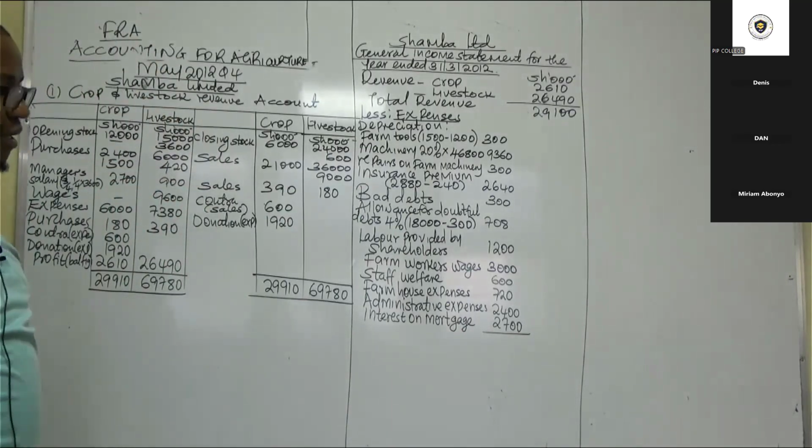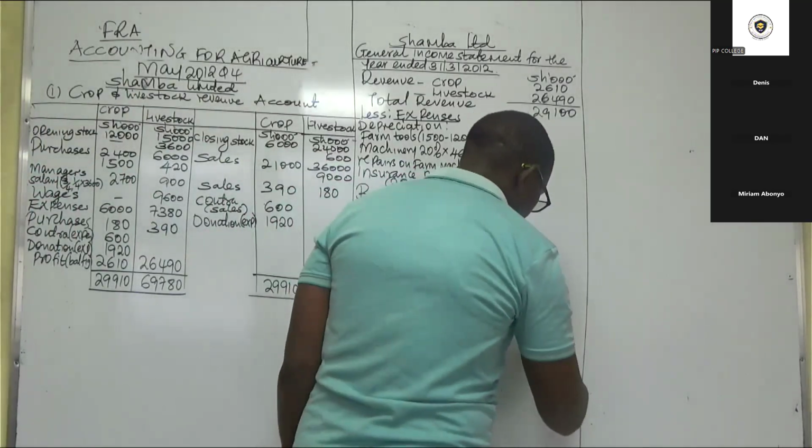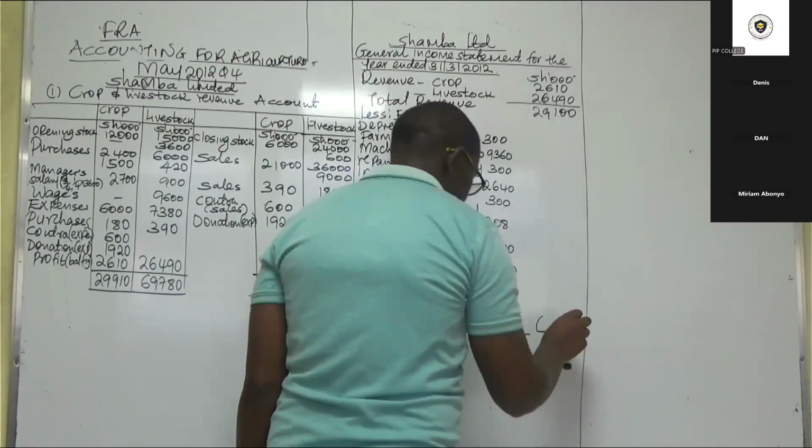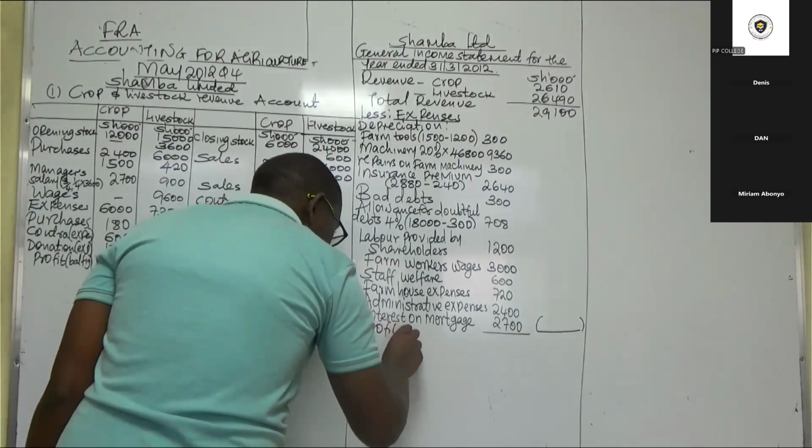So you can get the total of the expenses. How much is it giving you as the total of the expenses? So that we can know the profit before tax.